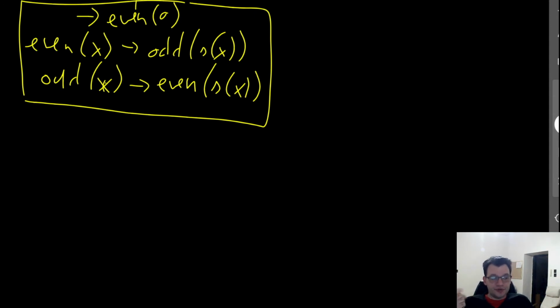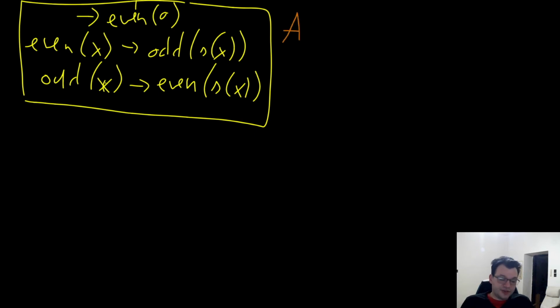So you can use the constants and the function symbols to build up the objects themselves. So in this case, A, the set of objects, consists of zero, because zero is a constant, a nullary function symbol.